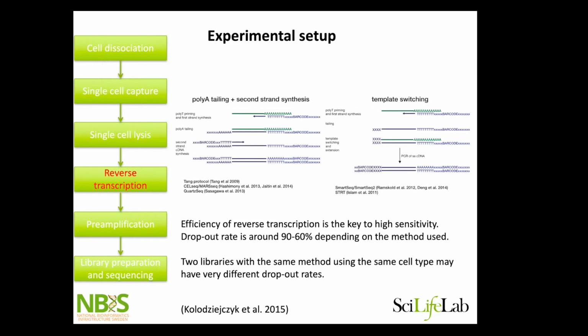And then the next step is reverse transcription. I think we covered this quite a lot. I mean, this is where we get most of our dropout rates. And also it's really unclear why, but it's been shown in a lot of studies that each library prep seems to have different dropout rates for some reason. That's really unclear.